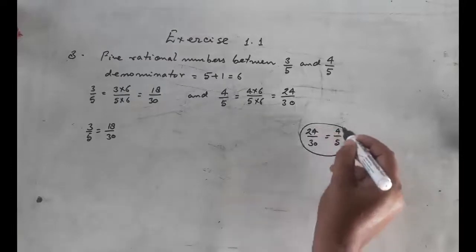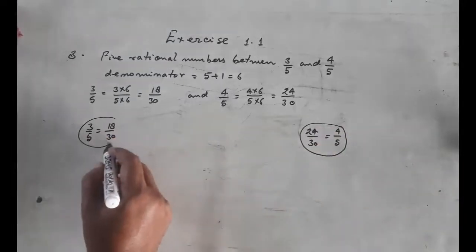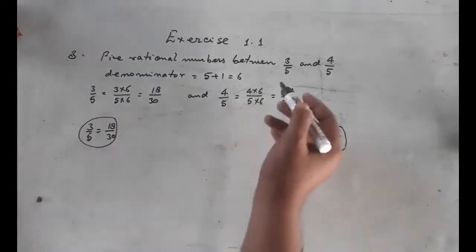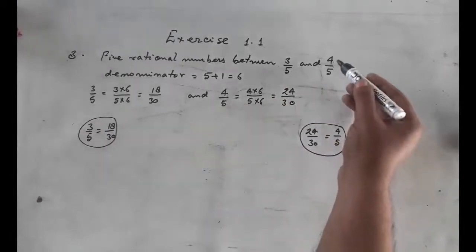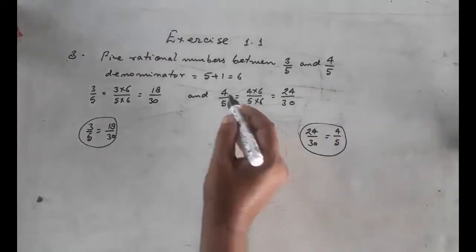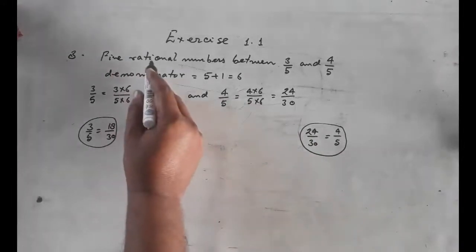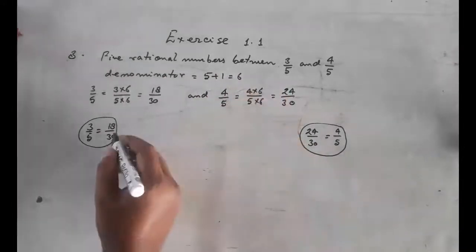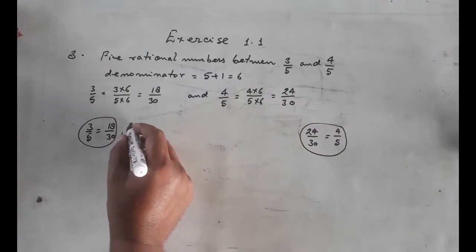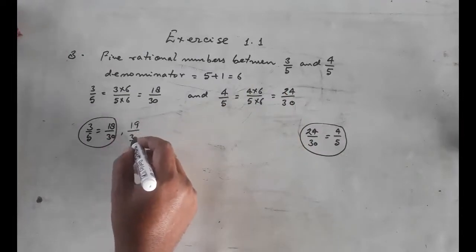It is your last number, and 3 by 5 is your first number. We have to find between these numbers 5 rational numbers, such as 19 by 30.